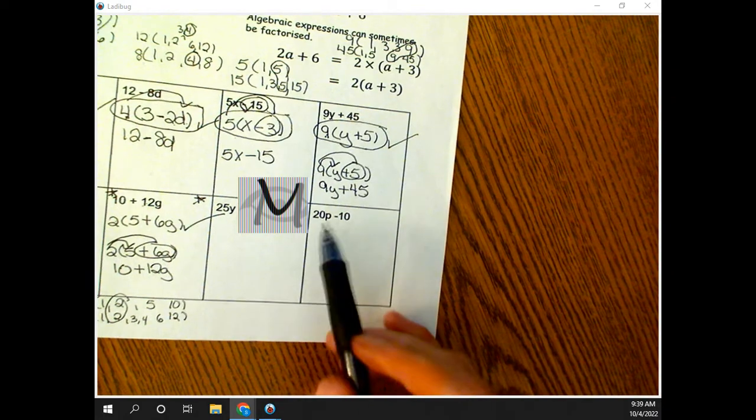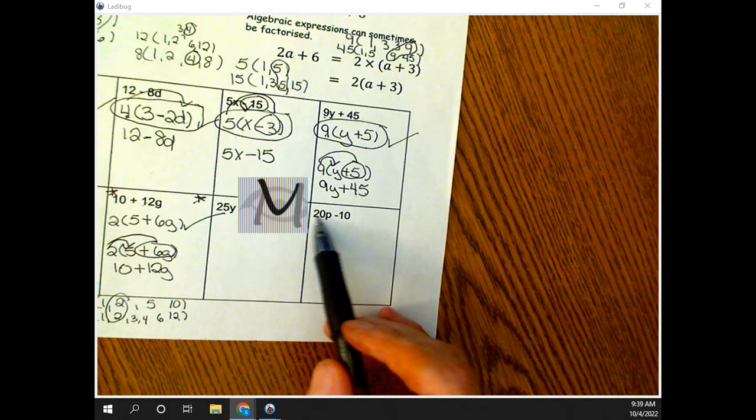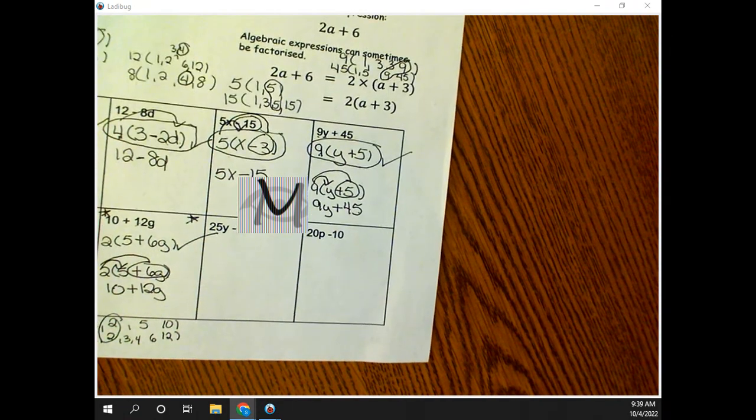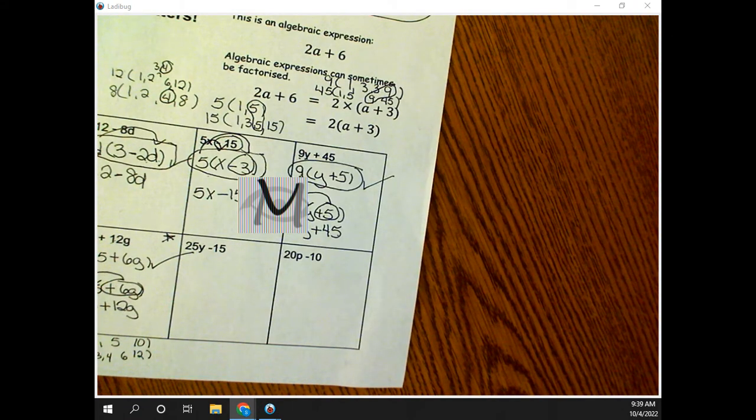All right? So over here, I have 20p minus 10. So you guys go ahead and do 20p minus 10 on your own.